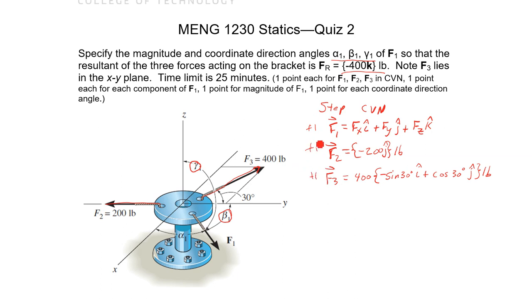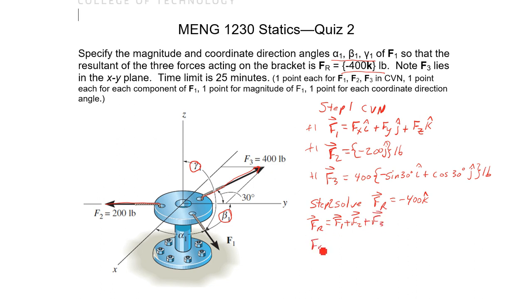Now we're actually going to go solve. I should have put step 1. Step 2, solve. FR is negative 400k. So we know FR equals F1 plus F2 plus F3.